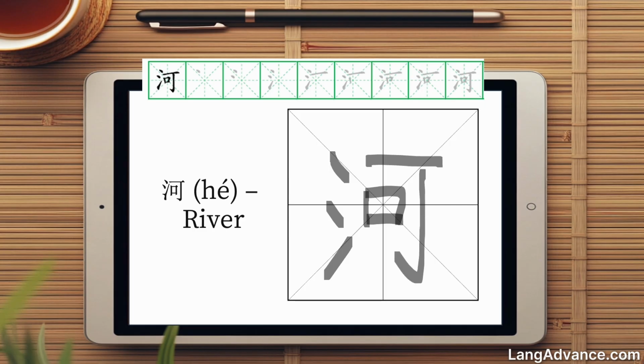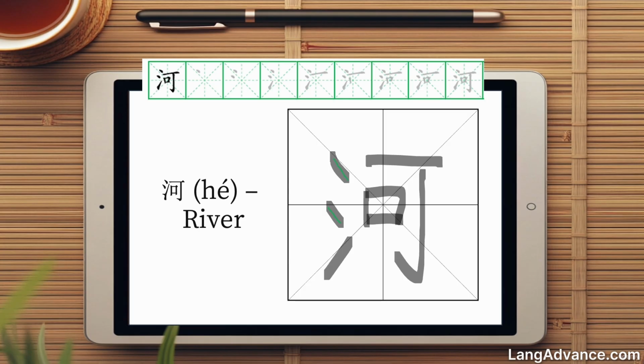Okay, now let us see how do you write the 3 drops of water. We have the 点 and we have another 点, okay, which is a little bit shorter than the previous 点. Remember the sandwich concept. Whatever is in the middle, it needs to be a little bit shorter than the top and bottom.